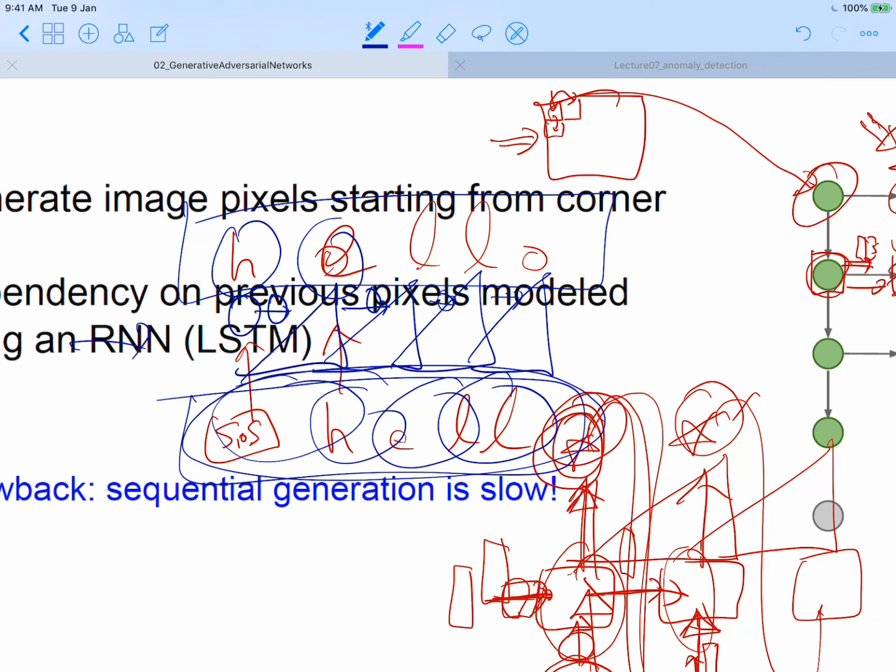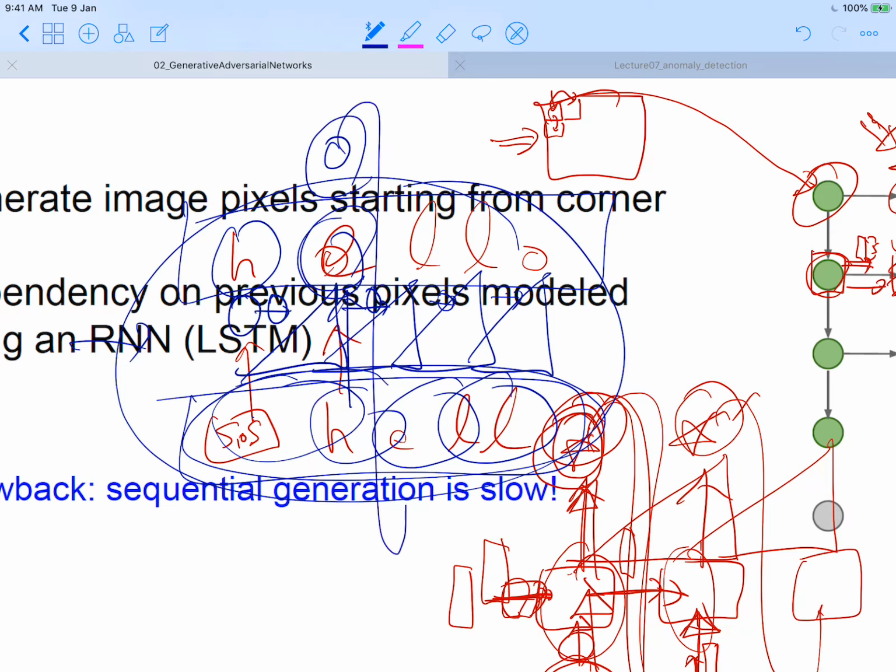So related to this kind of training process, what was it called? In the case of a training example, suppose we generated maybe O instead of an L, why not give this as an input to the next time step? We can do that, of course.